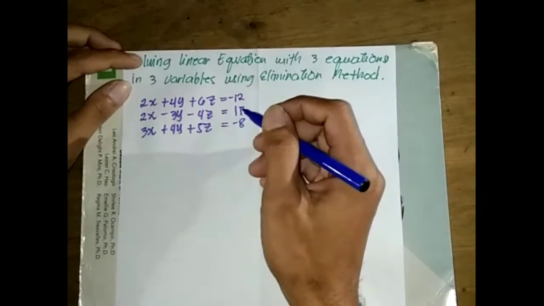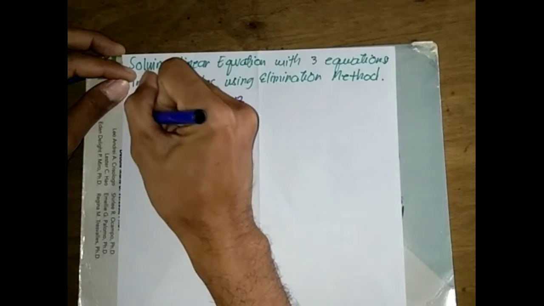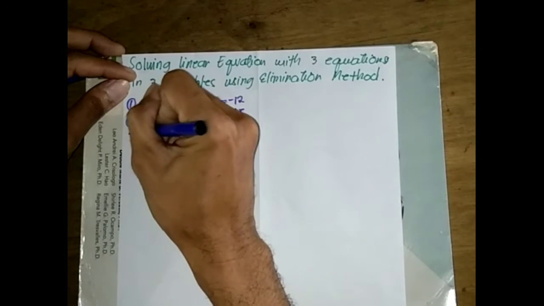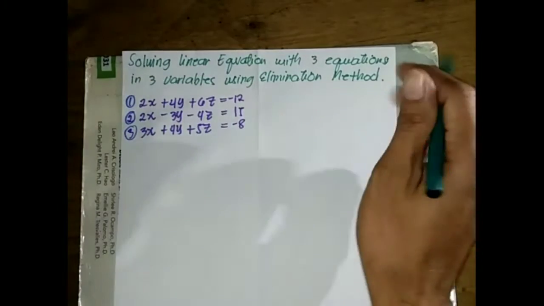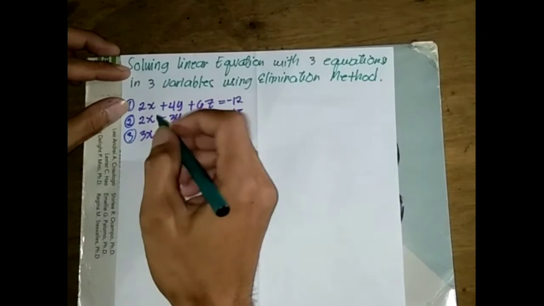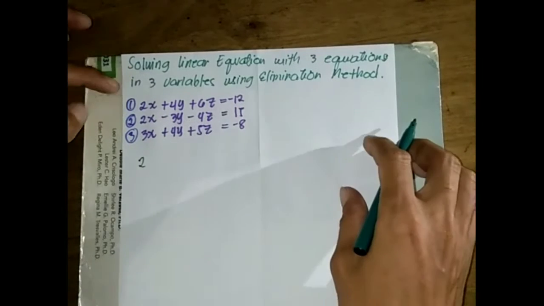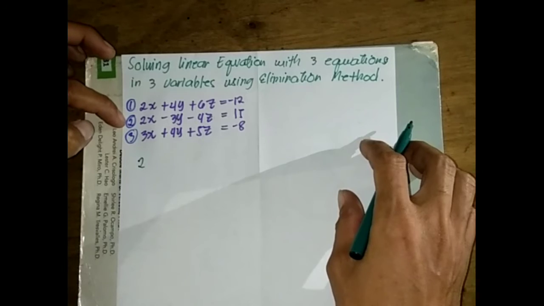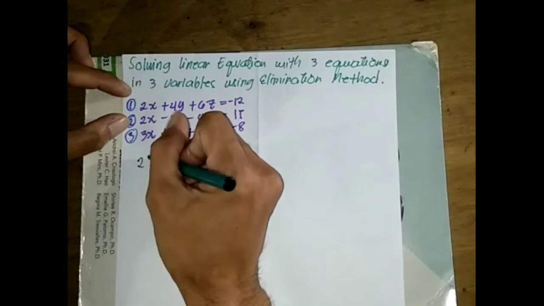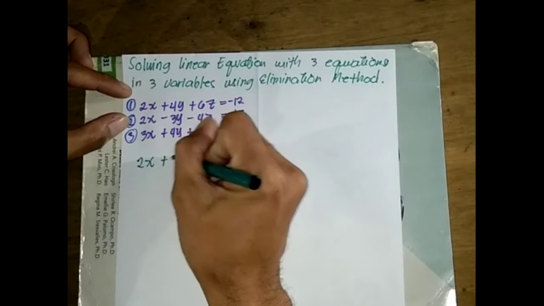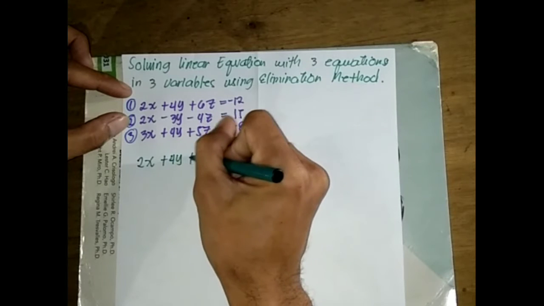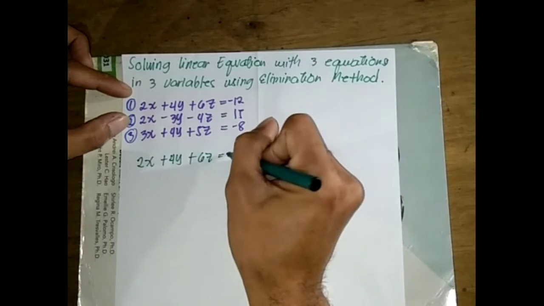So, we will mark this as first, second, and third equation. Then, I'll choose equation 1 and equation 2 na i-combine natin. 2x plus 4y plus 6z equals negative 12.